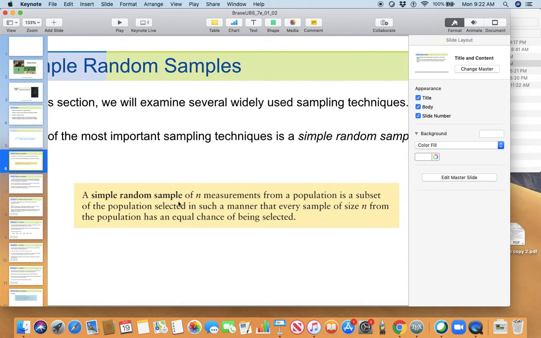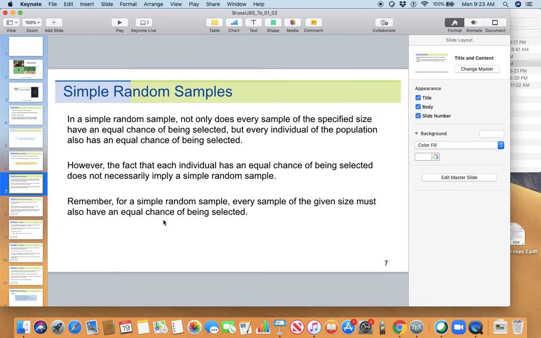The simple random sample of n measurements from a population is a subset of the population selected in such a manner that every sample of size n from the population has an equal chance of being selected.